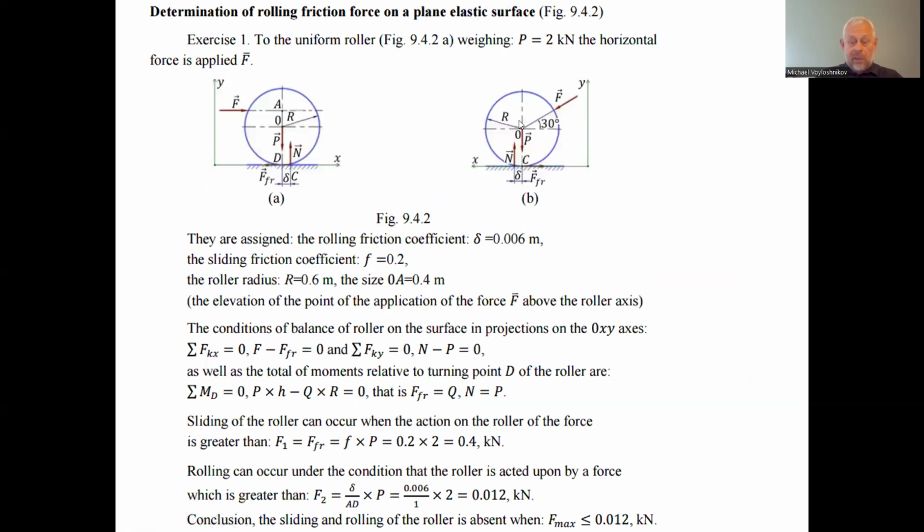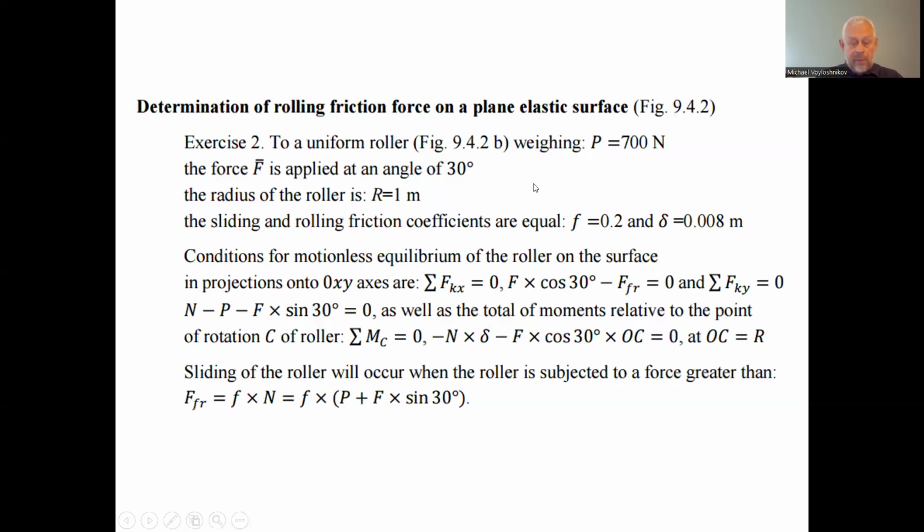F by the cosine of 30 degrees with the minus sign, and the friction force with the plus sign, because we have x directed leftward, and the friction force resists the roller on the surface.